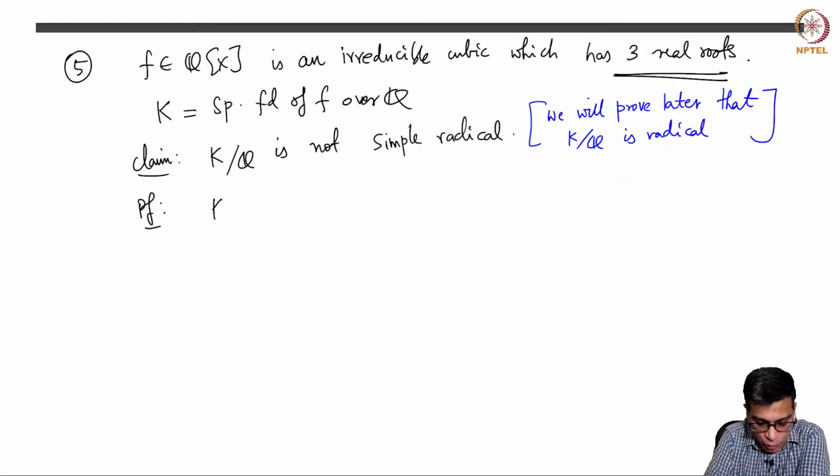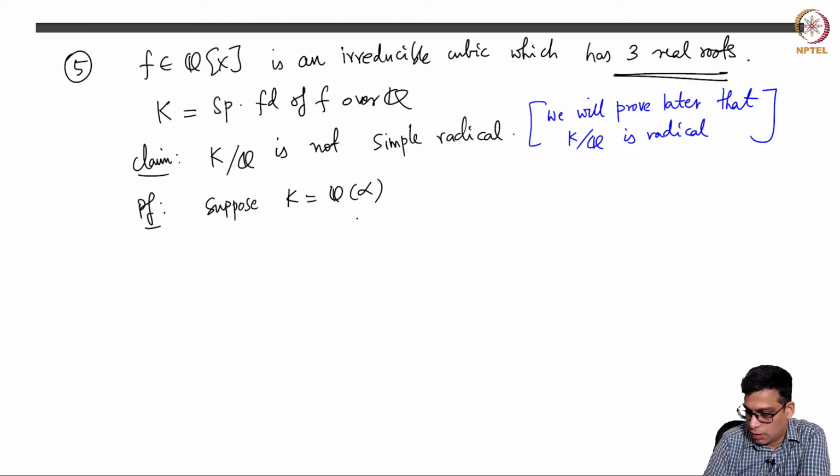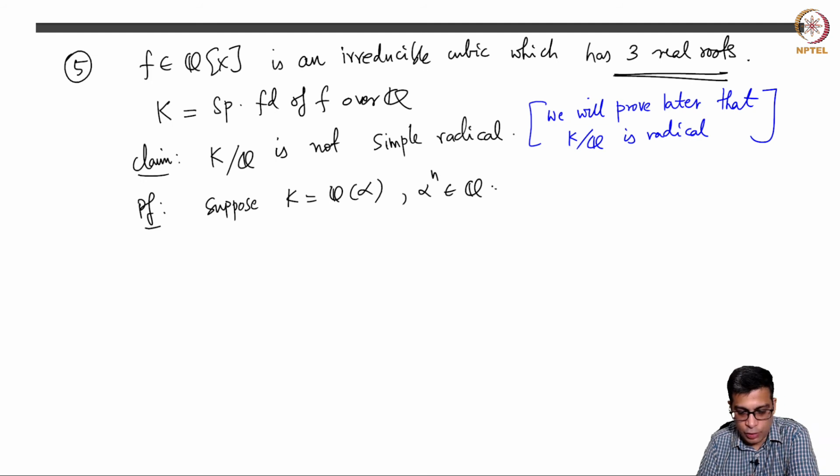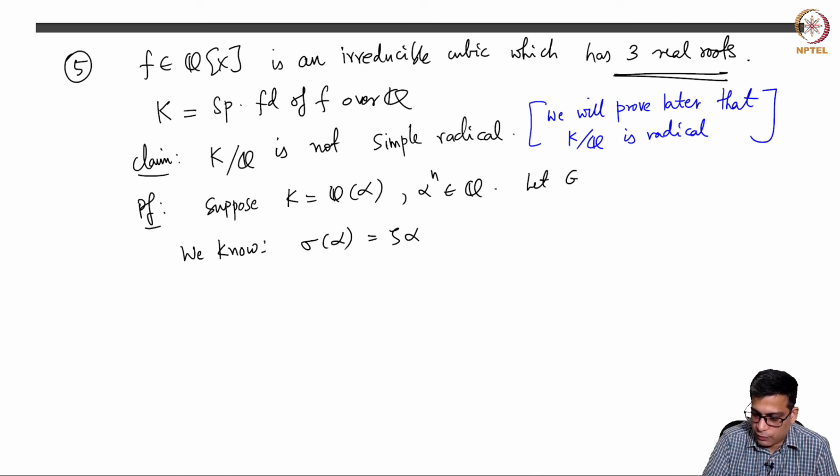So suppose K over Q is simple radical, that means you have K equals Q(alpha) such that alpha to the power n is in Q. Okay, so then what we know is sigma alpha is equal to this, for, so let us take the Galois group to be G.